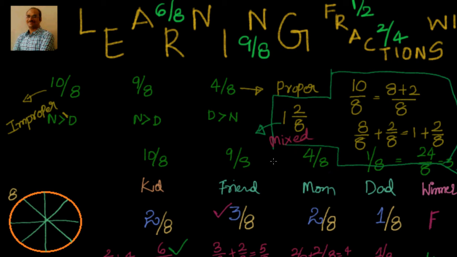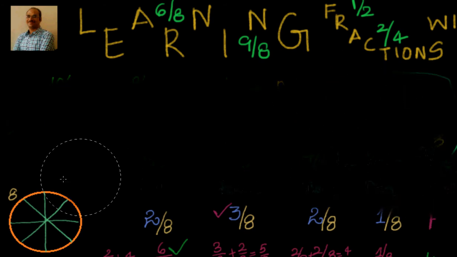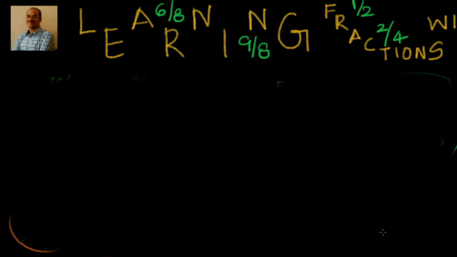Now let's take a simple example and see how to convert an improper fraction into a mixed fraction and again back into an improper fraction. Let us say we have 2, 3 by 4.